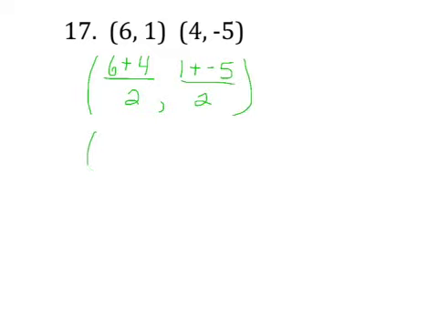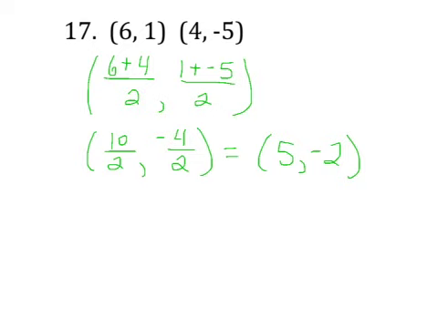We have our last one over here, number 17. So 6 plus 4 divided by 2 and 1 plus negative 5 divided by 2 gives us 10 divided by 2 and negative 4 divided by 2. So our final answer is 5 comma negative 2.